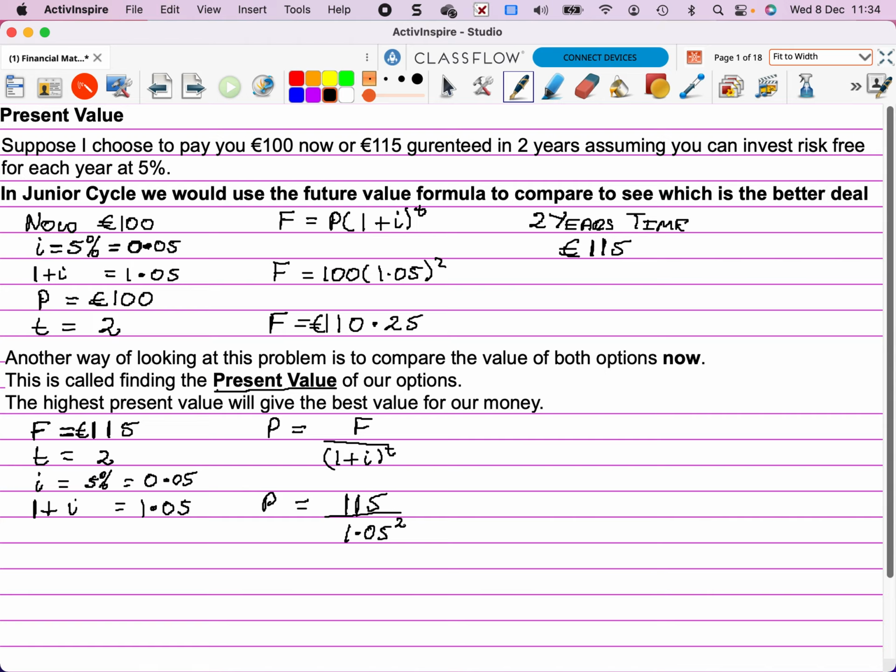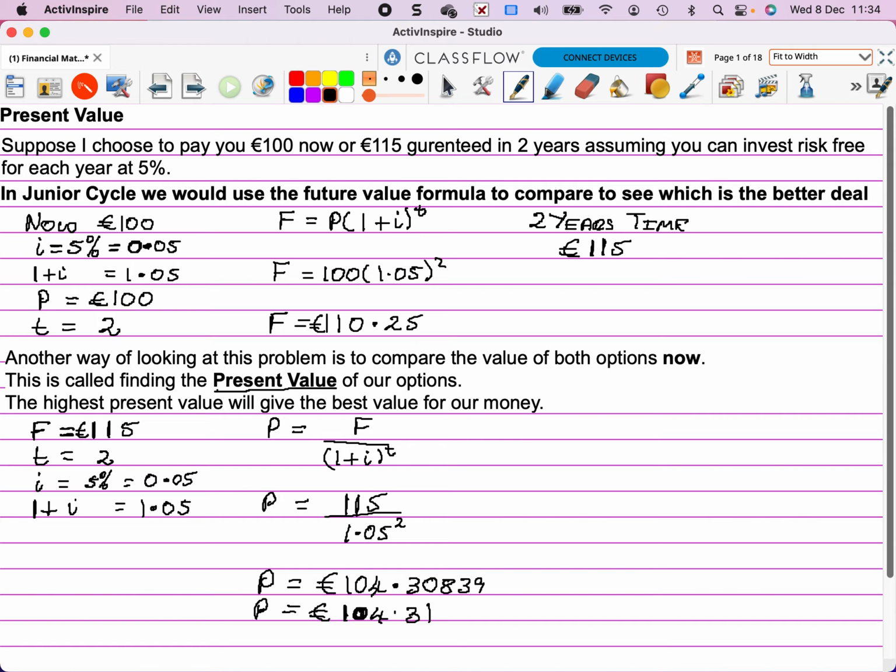What we get is that the present value based on this deal is worth €104.30839, which we can write as €104.31.